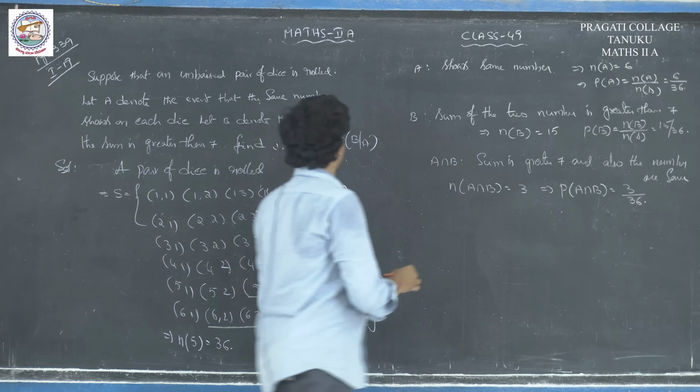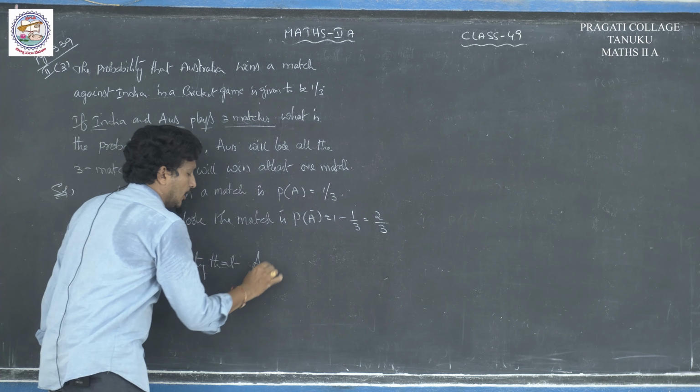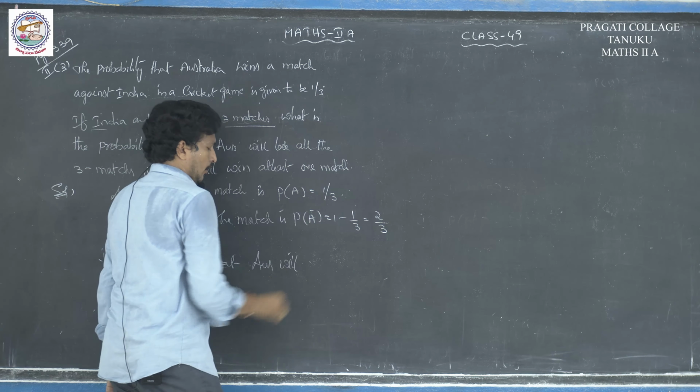Here, the probability that Australia will lose all the matches is P of E. That means the first match will be lost, and the second match will also be lost, and the third match will also be lost. So in the total of 3 matches, the probability of losing the first one is 2 by 3, into 2 by 3, into 2 by 3. That means 8 by 9.